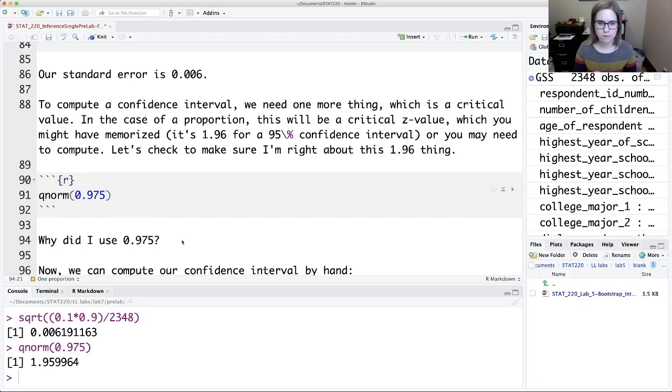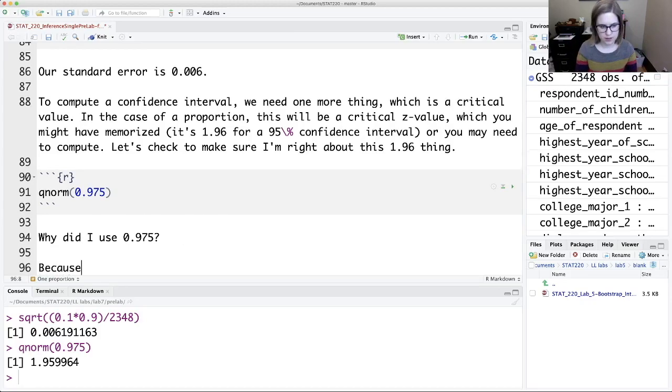And so if we're looking to find a 95% confidence interval, if you think about the normal distribution, we've got 95% in the middle, and that means we have 2.5% in either tail. And so if we want the value for which 95% is in between, that's the 95% from the middle and a 2.5% from the tail, which is to the left of it.